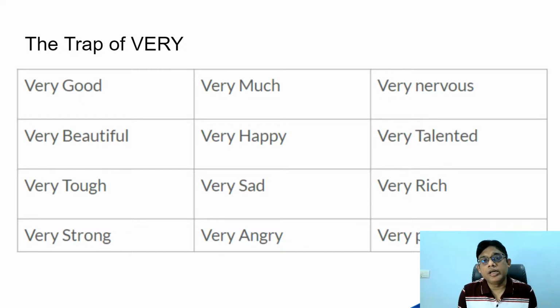So what you can do is open Google, and in Google you can type "synonym". Write this word, synonym of the word "very" and the specific word that you want to put. For example, I want to find the synonym of very happy, or very talented, or very rich.